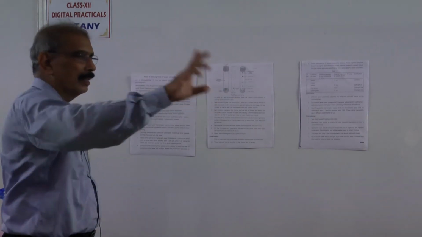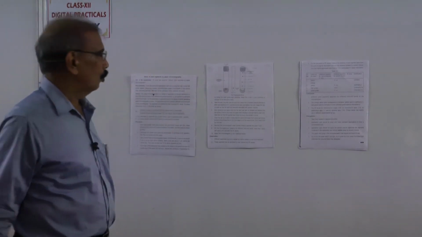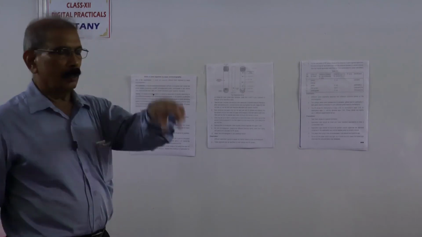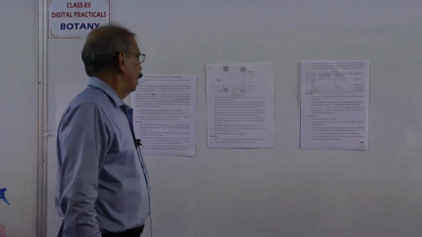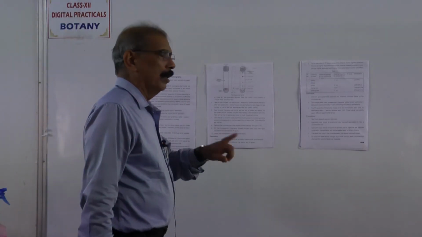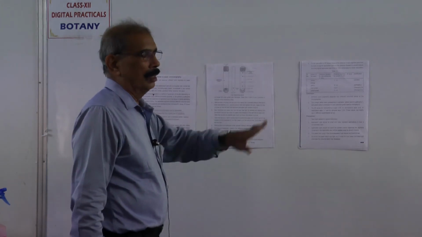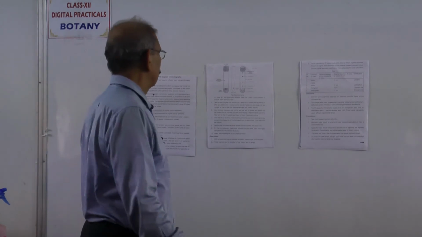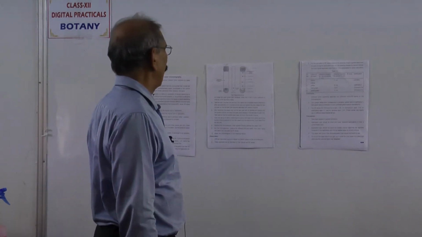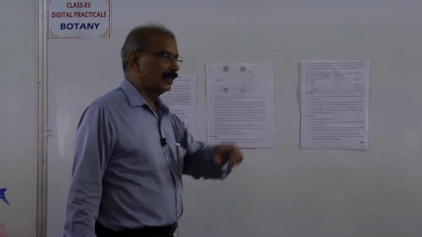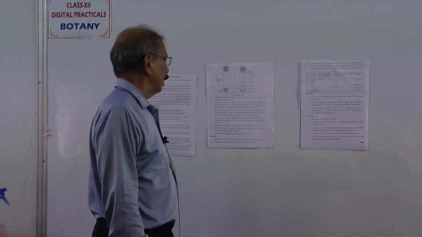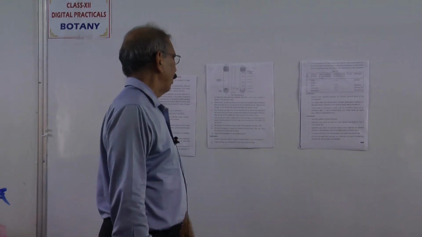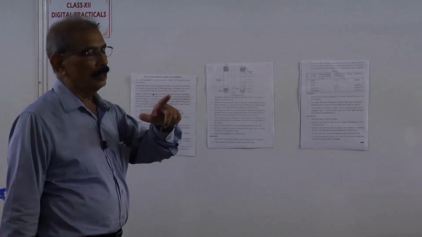As shown there, you have to keep it hanging and see how the movement is occurring, how it is absorbing the liquid. So allow the setup to stand undisturbed, just like this, that we have kept on the table, for some time so that it reaches 10 cm.